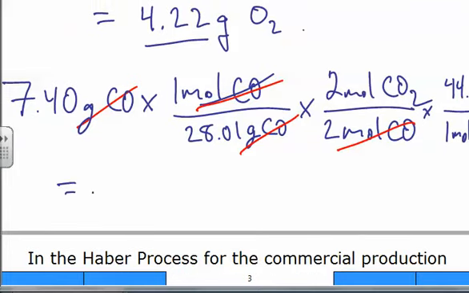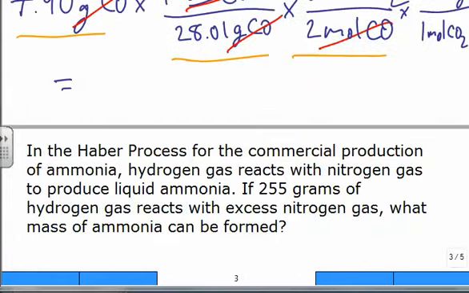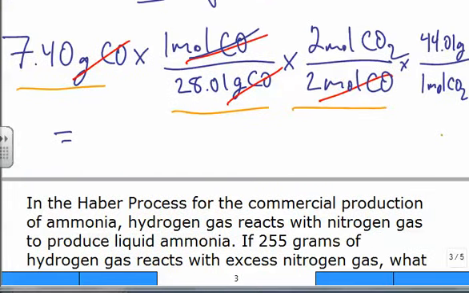Now in my calculator, I'm going to take 7.40 grams of carbon monoxide divided by 28.01. I can skip the ratio step because I'm just multiplying by 1, and then I'm going to multiply by 44.01, and this gives me 11.6 grams of CO2.